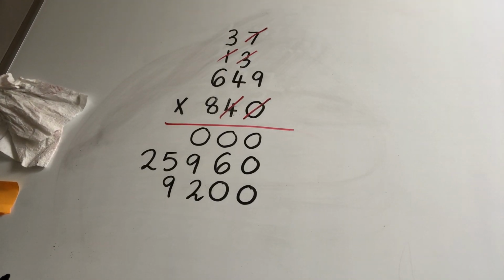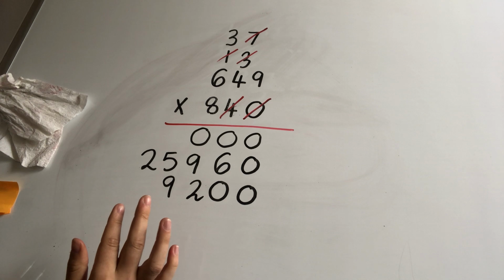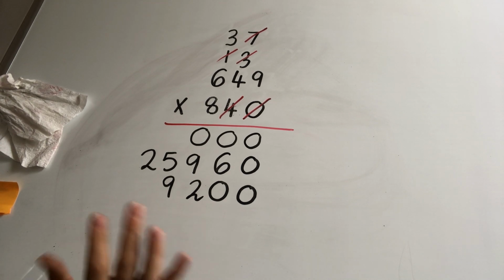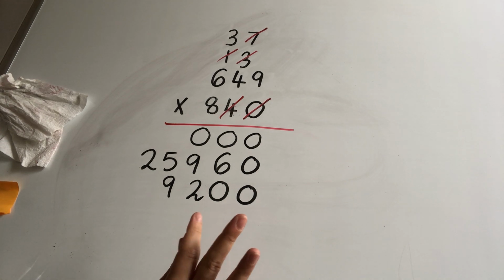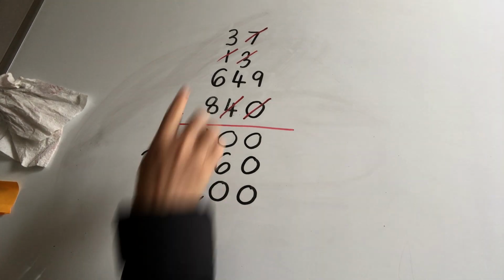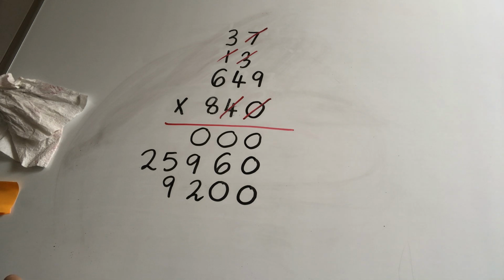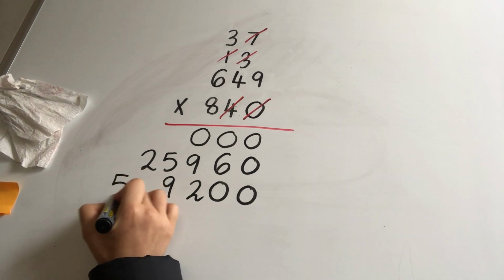Our very last step is 8 multiplied by 6. So we think 8 groups of 6. So 6, 12, 18, 24, 30, 36, 42 and 48. Add 3. So that is going to be 51. I'm going to write that here.